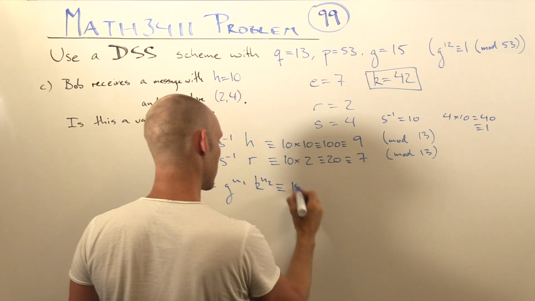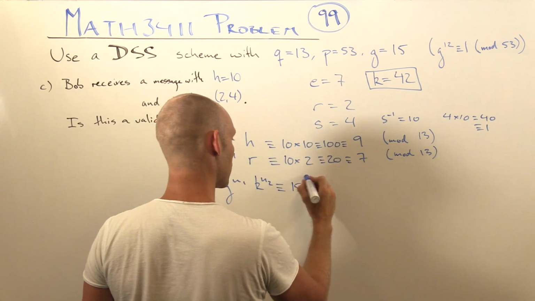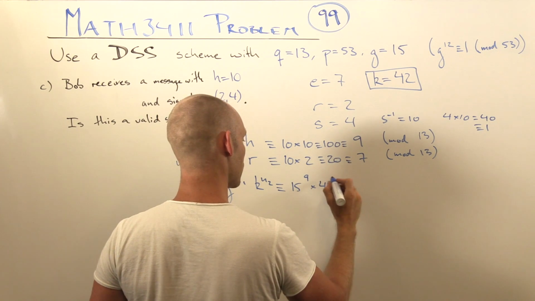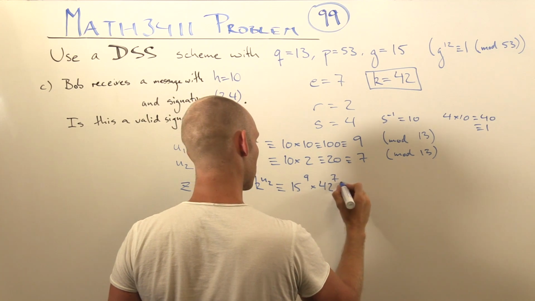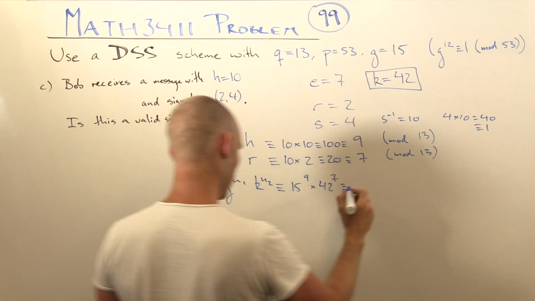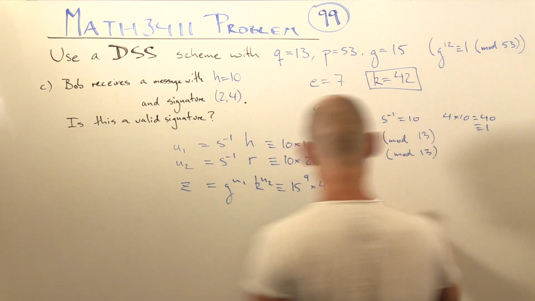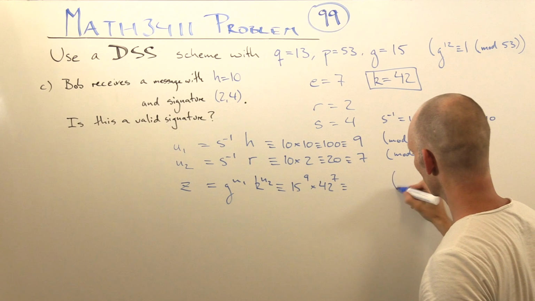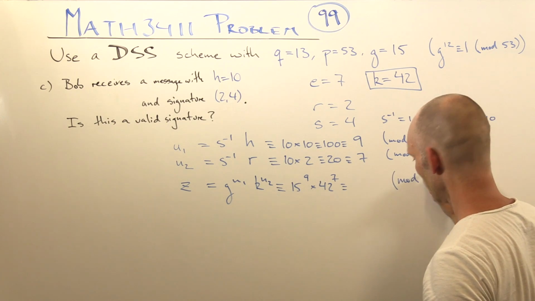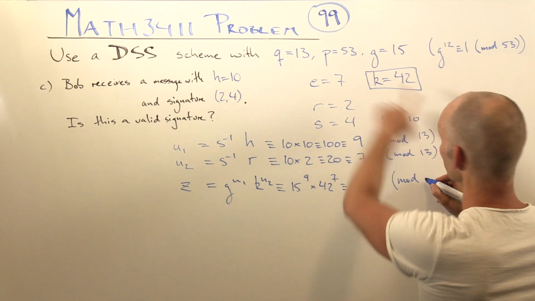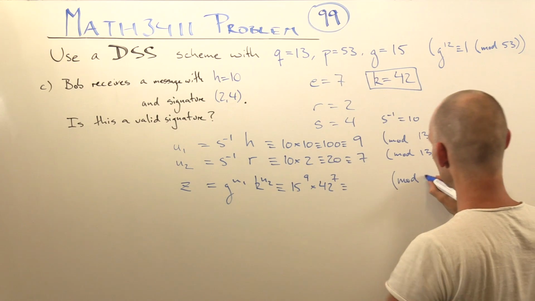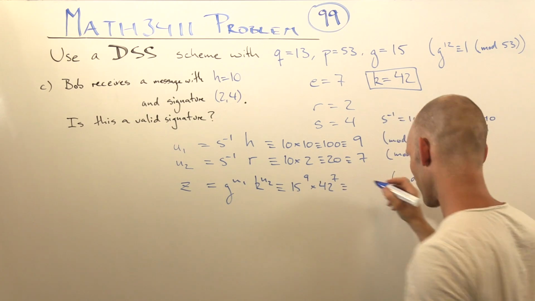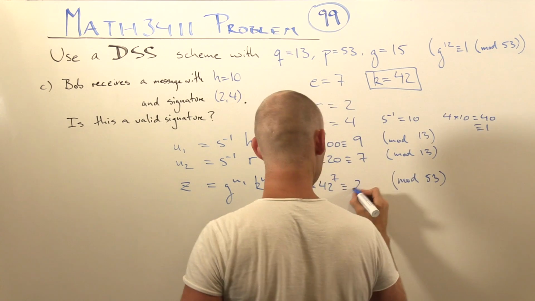So that's 15 to the power of 9 times K, which is 42, to the power of 7, and you then work out what this is. But in the first instance, this is mod 53. And when you work out what that's equal to, 24.